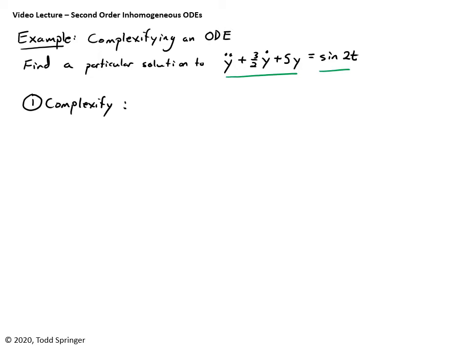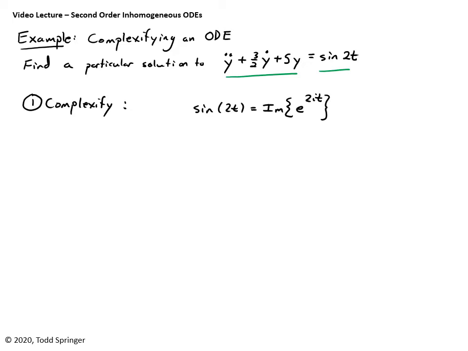I note that sine of 2t is the imaginary part of e to the 2it, because e to the 2it is cos 2t plus i sine 2t. So the right-hand side is the imaginary part of something. If the left-hand side was the imaginary part of something, I could get my original equation back by just taking the imaginary part of both sides.